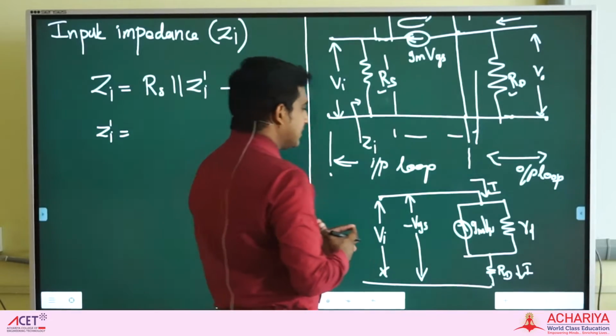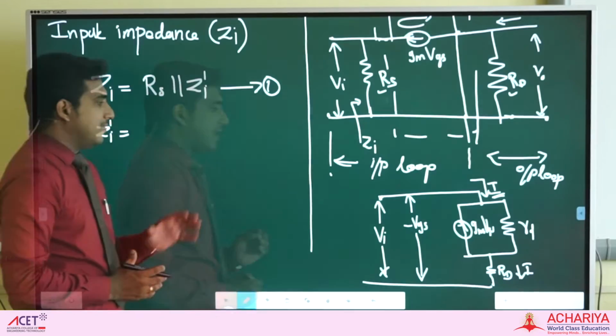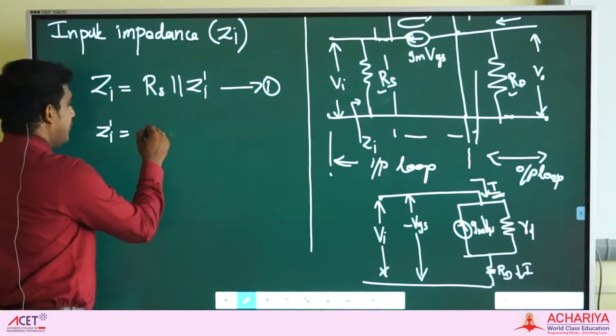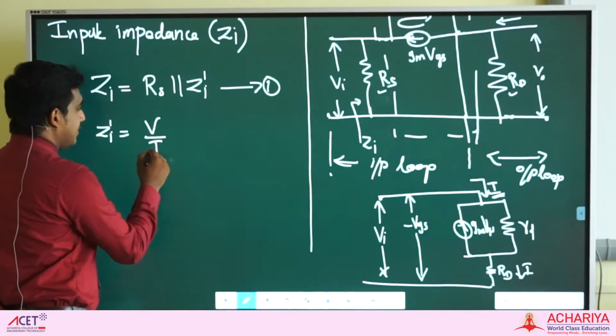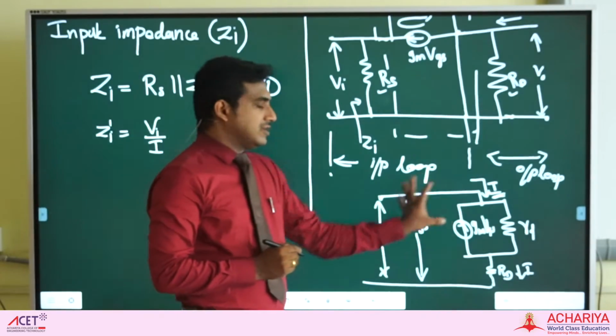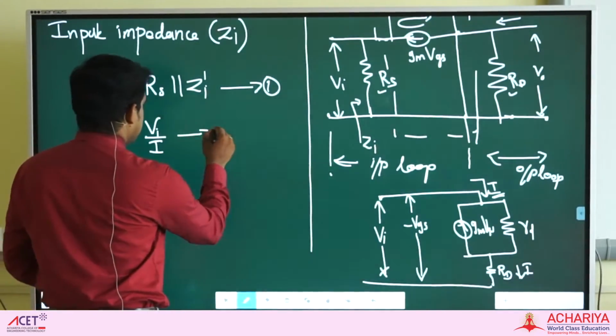Now we consider the current flowing through this loop as I. From this circuit we can find Zi dash. Zi dash is equal to V divided by I. V here is the input voltage Vi, and I is the current flowing through this loop. Consider this as equation number 2.